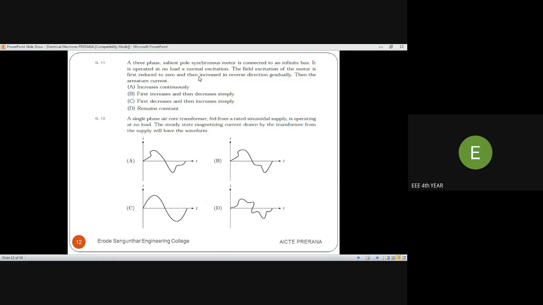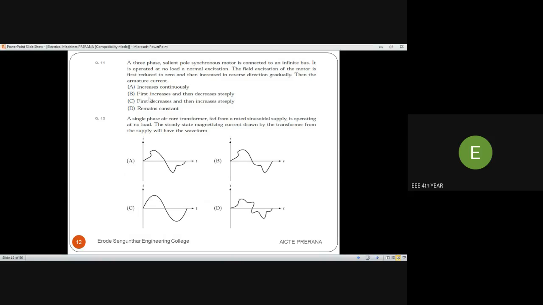So it is a salient pole synchronous motor, and the field excitation is increased in the reverse direction. That means it follows an inverted V curve shape. So the correct answer is that it first increases and then decreases steeply. Option B is the correct answer.